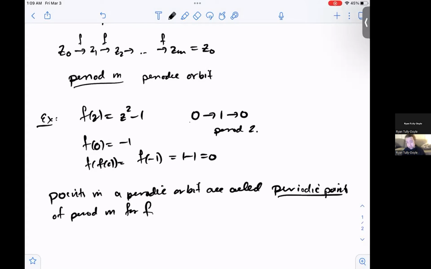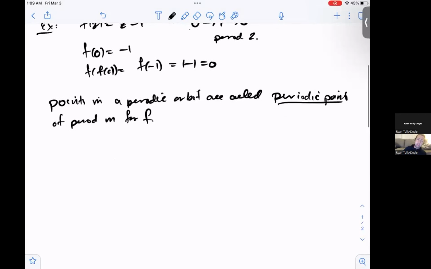Now, any point in that cycle is the generator of that same periodic orbit, right? Because if you start at any point in the sequence and you start applying the function, you will eventually wrap back around on the same period. So one thing to observe here is that there's a relationship between periodic points and fixed points.